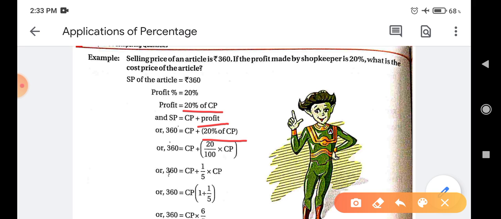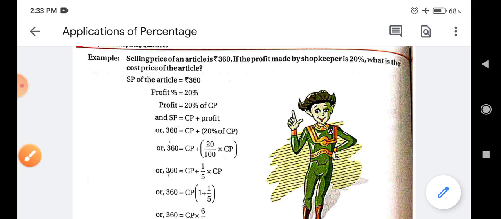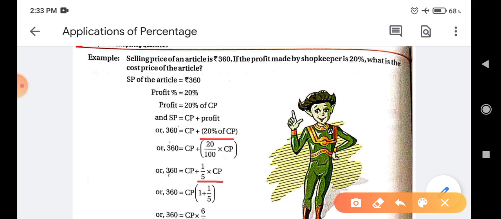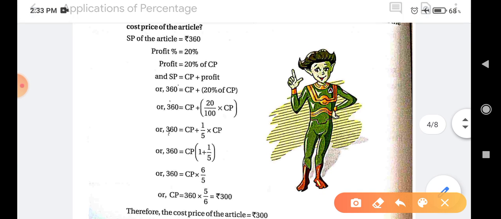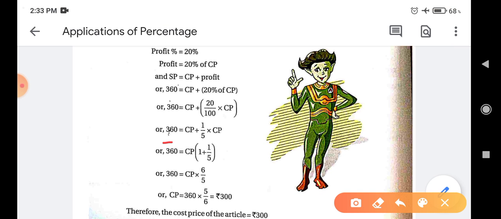In the next step we calculate this 20% of CP. It will be 20 by 100 into CP, which is 1 by 5 into CP. Then 360 is equal to CP plus 1 by 5 into CP.